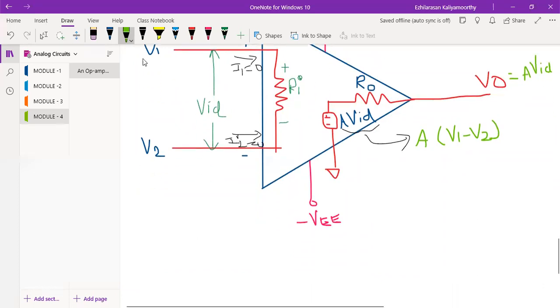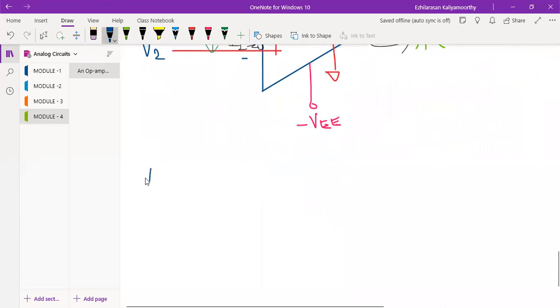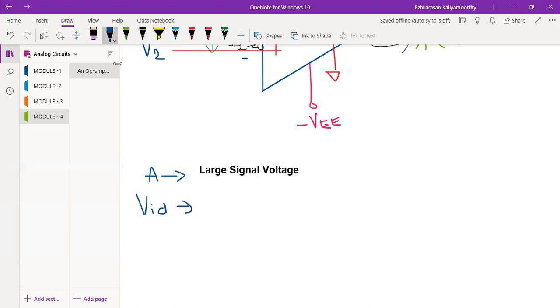Now from this, what is A? Let me write. A is nothing but the large signal voltage gain. Then we should know what VID is.